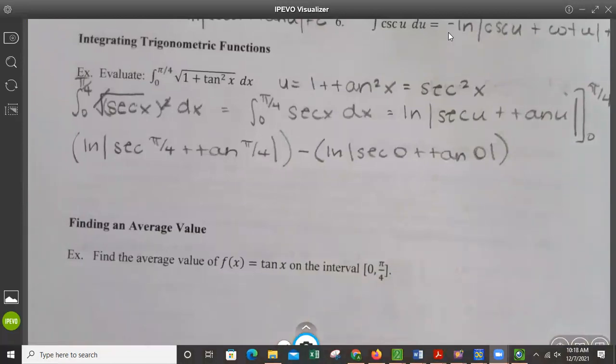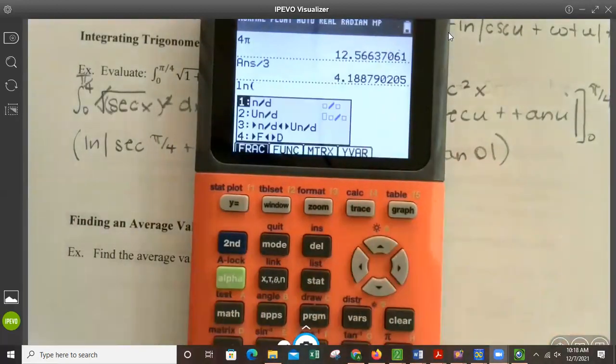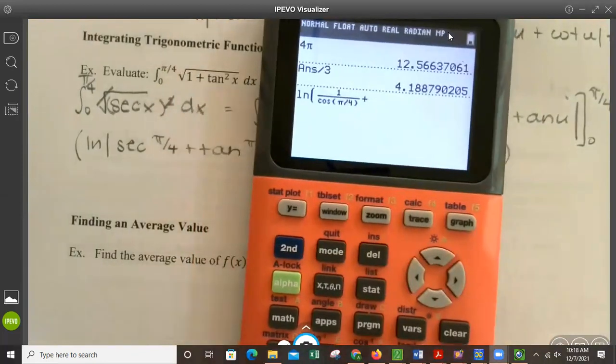How do you put secant in your calculator? When you type it in, you're going to have ln alpha y equals 1 over cosine pi over 4 plus tan pi over 4.